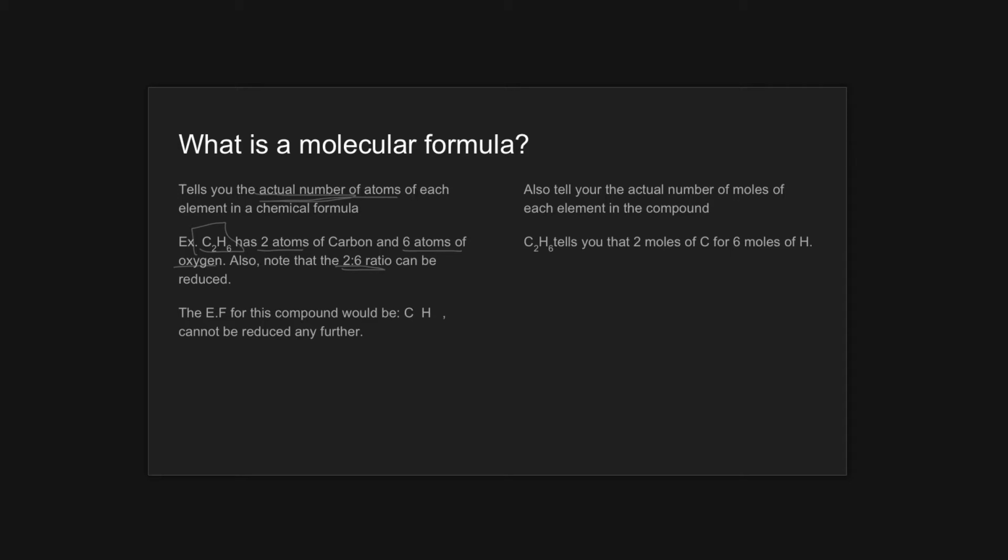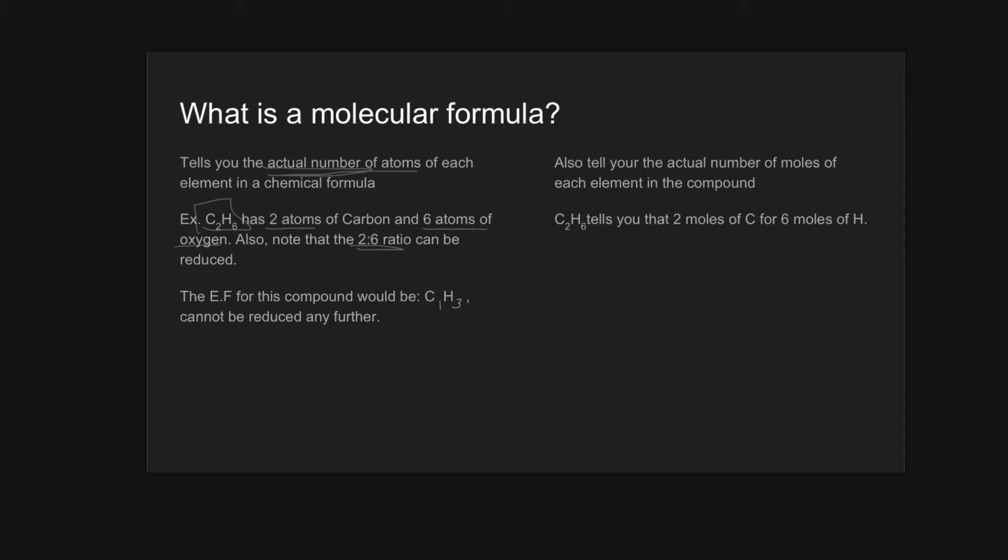For this particular chemical, whose molecular formula is C2H6, you can find its empirical formula by simply reducing the 2 to 6 ratio, and so in that case the empirical formula would be C1H3, and clearly you cannot reduce this any further.